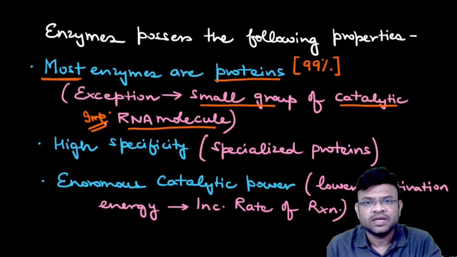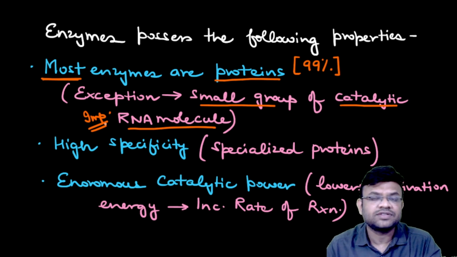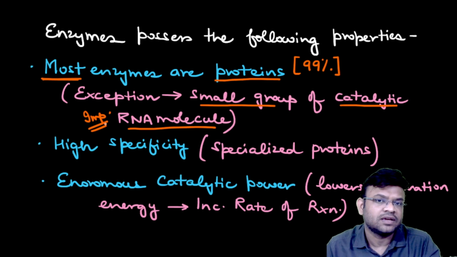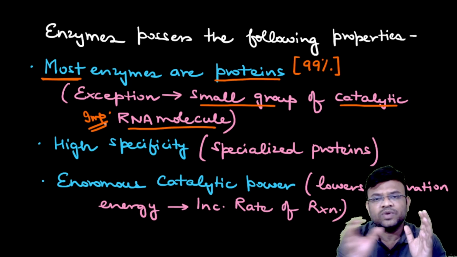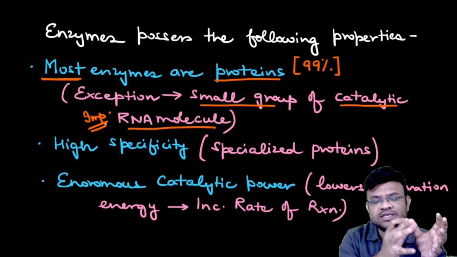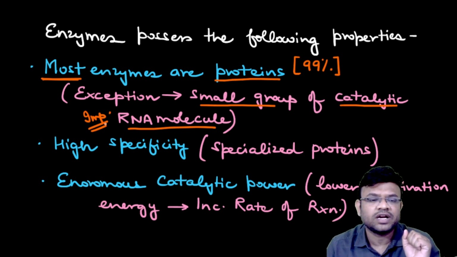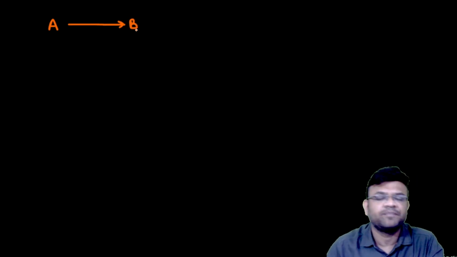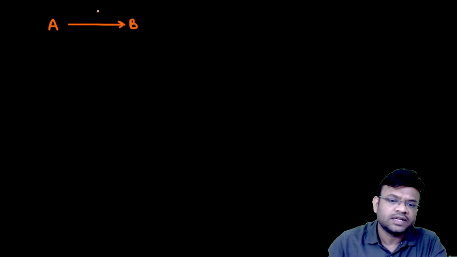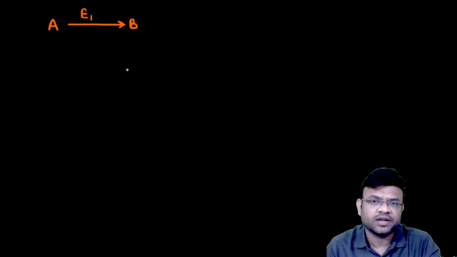What does this mean? Enzymes have extremely high specificity. This means that if a reaction is occurring in which substrate A is getting converted into a product B, let me just draw it over here so as to make you understand. Suppose in this reaction, A is converted into B, okay? And let us say the enzyme E1 is functioning over here.